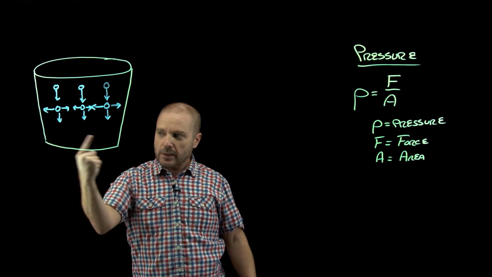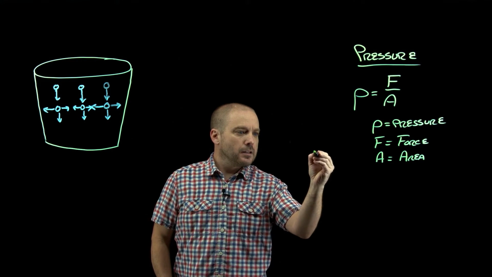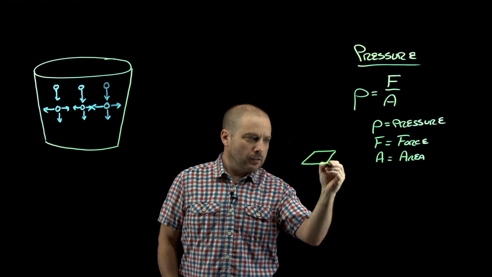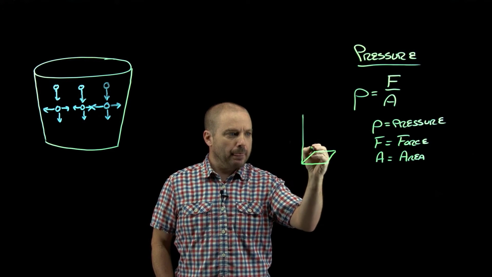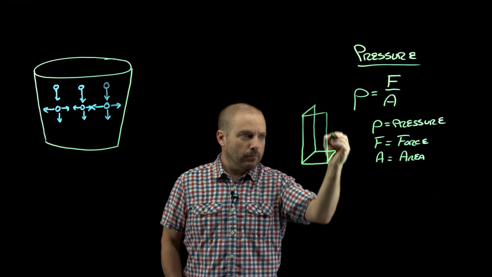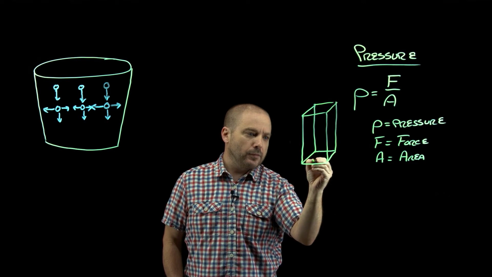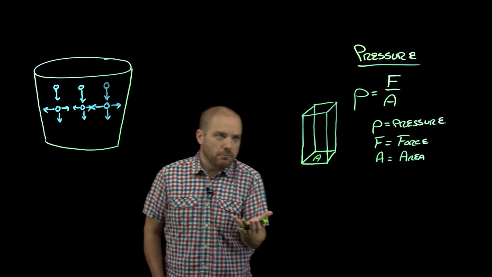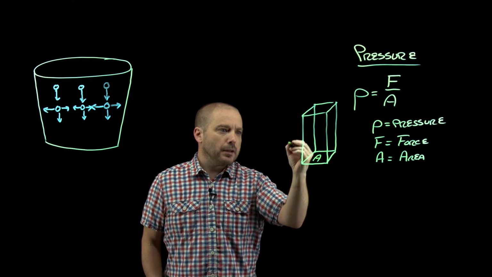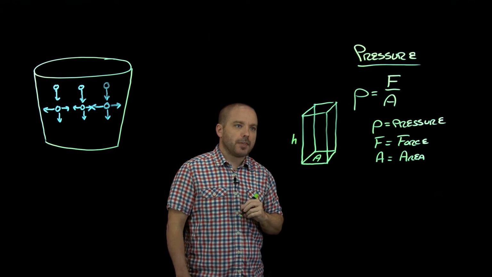So if we were interested in the bottom of a container, let's just make a very simple diagram here, where we have some area there. I have this rectangular solid full of liquid, has some area in the base, and some height there, h.